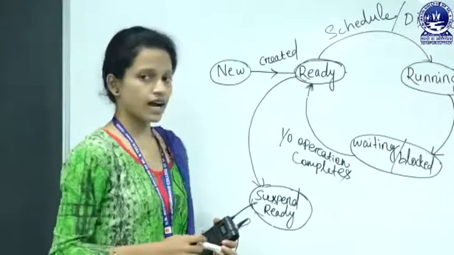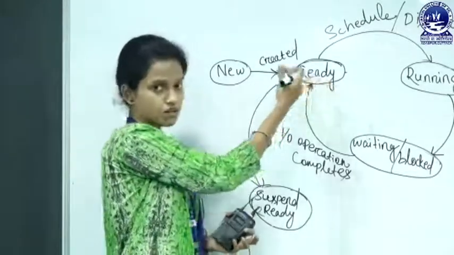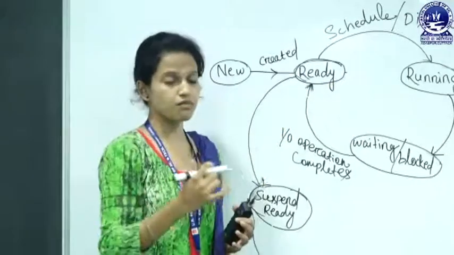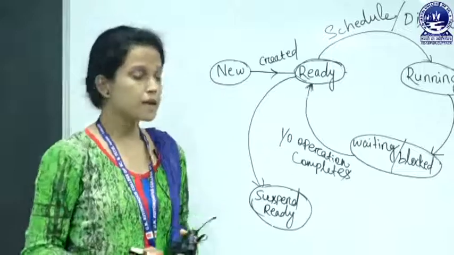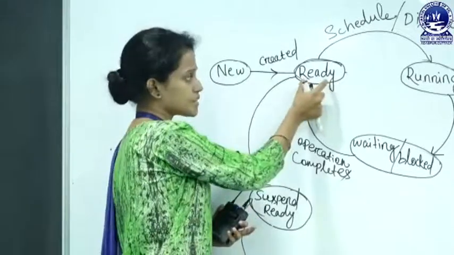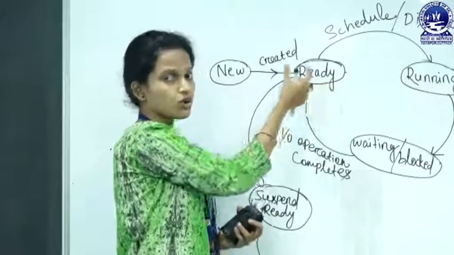So, for that purpose, maybe there is some process of higher priority and it has to be executed first, but at that time the size of the ready state is limited. So, what happens?